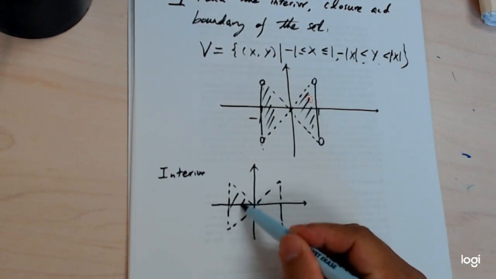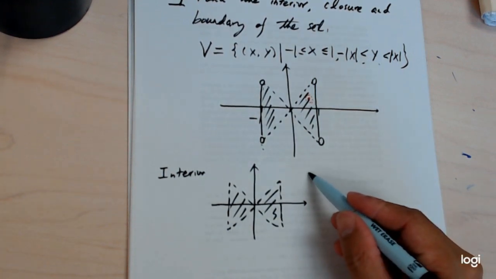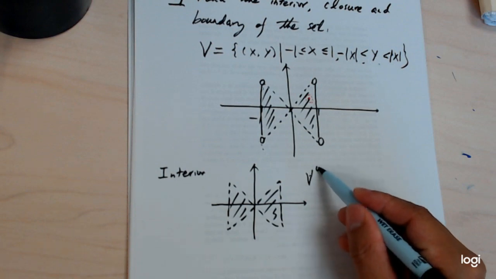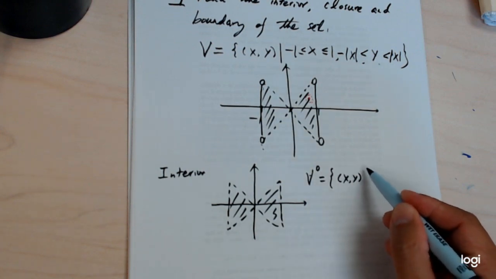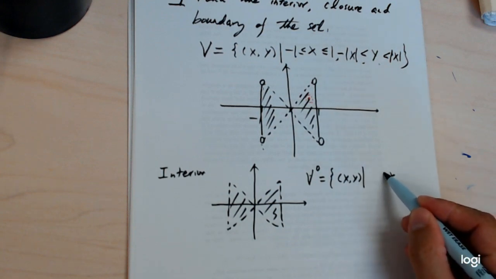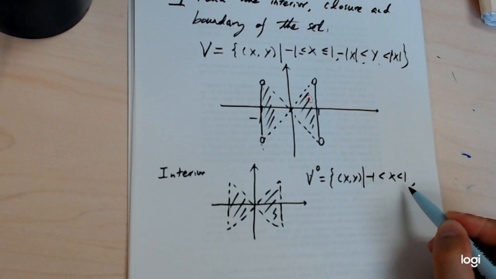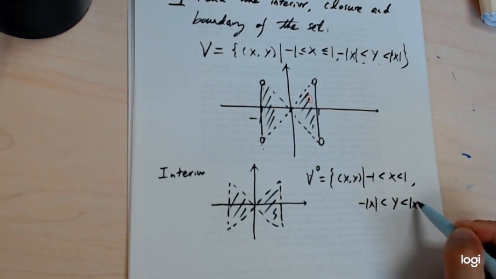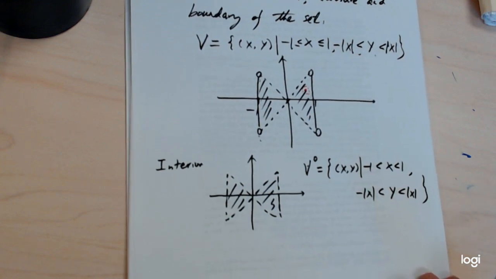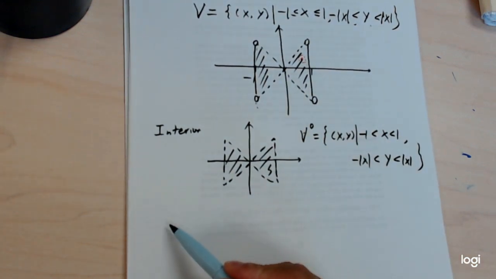It is just everything inside. If I must write down some inequalities to describe it, I can do that as well. So all the x and y, x is strictly between -1 and 1, see, I have to remove those two boundaries, and y is between those two absolute value functions. That's the interior. Boundary.